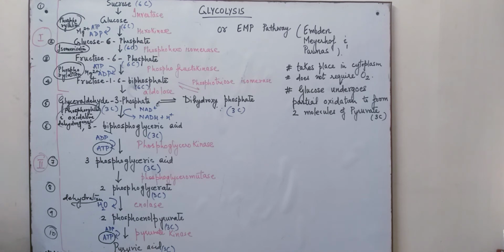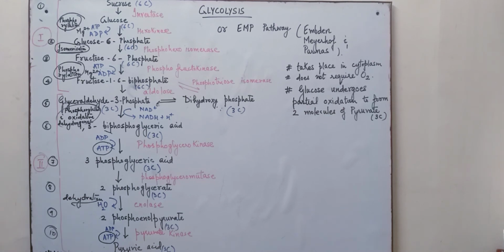In the second phase, we are producing 4 ATP molecules for each conversion. So the net gain is 2 ATP produced because we are producing 4 and utilizing 2 ATP.